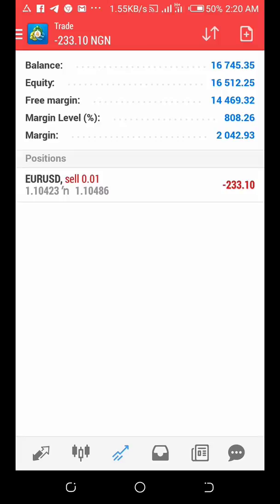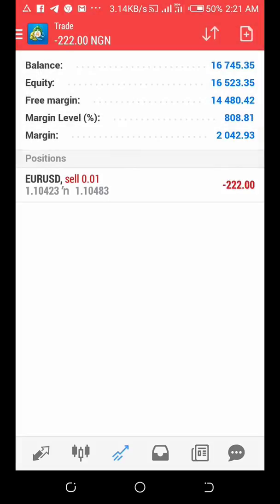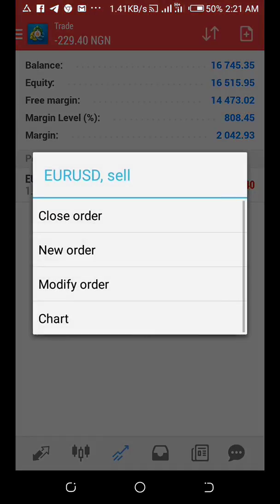So I want to add 100 pip take profit too. My entry point is 1.10423, and that means I'm going to subtract 100 from 10423. 10423 minus 100 is going to give me 1.00942.